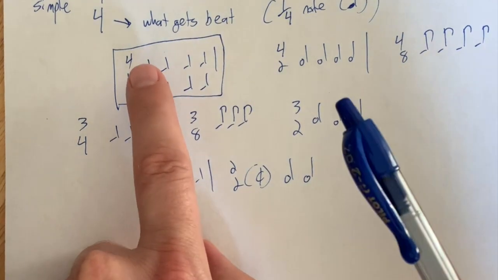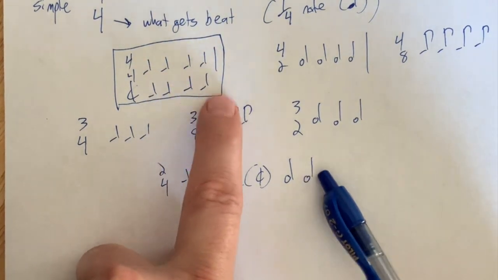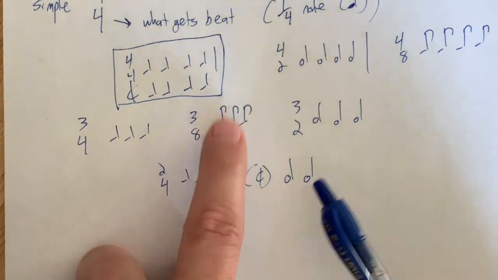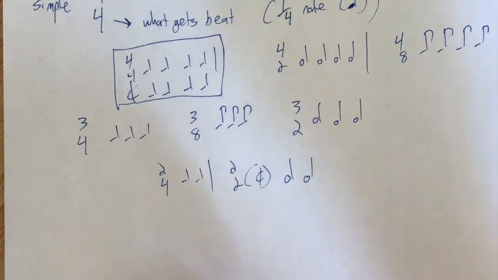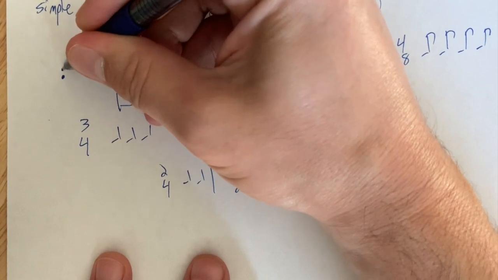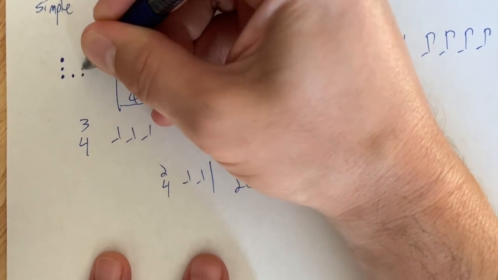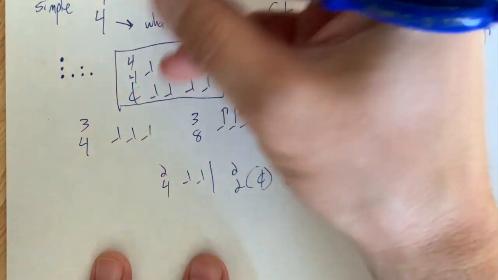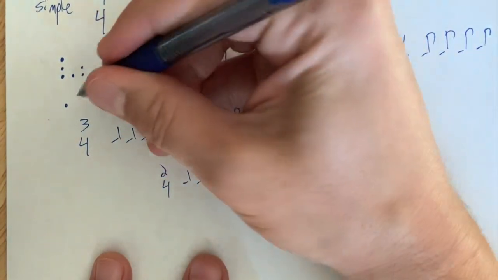So 4/4, strong, weak, medium, weak. Cut time, strong, division, weak, division. It's a little different. You can think of the different dot diagrams, right? Here's this bar in 4/4, the dot way. And here's this bar in cut time, the dot way.